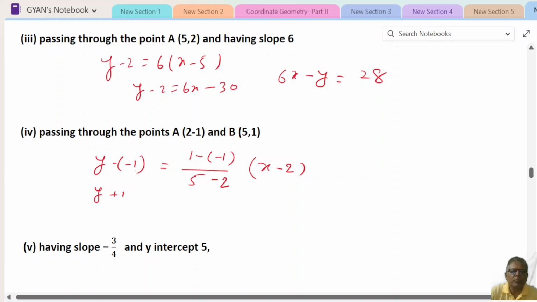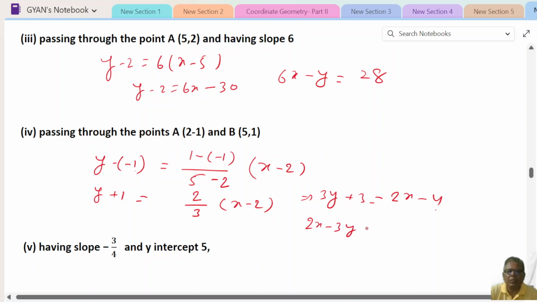So y plus 1 is equal to 2 by 3 into x minus 2. This implies 3y plus 3 is equal to 2x minus 4. So 2x minus 3y is equal to 7. That is the answer.